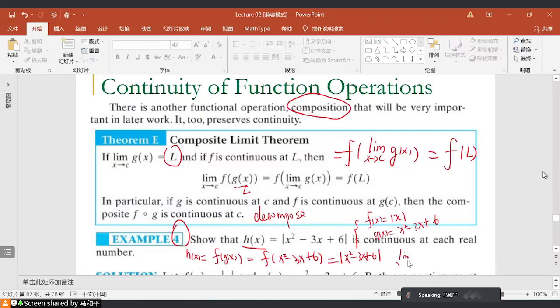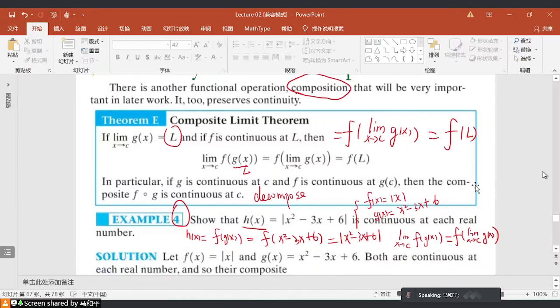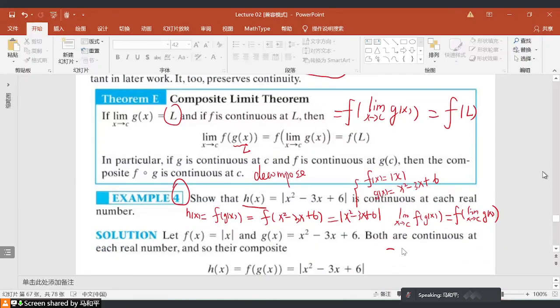As x approaches c, the limit of f(g(x)) is equal to f of the limit as x approaches c of g(x), right? And then we write it is f of the limit as x approaches c of g(x).